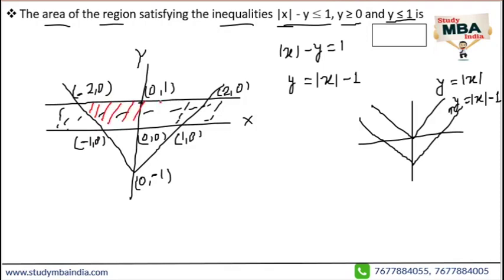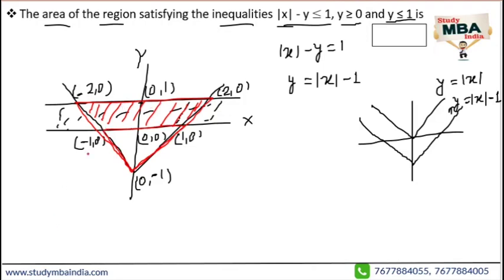That means we have to calculate this area. How can we calculate it? We can calculate the area of this bigger triangle, subtracting the area of this smaller triangle, to get the area of the required region.